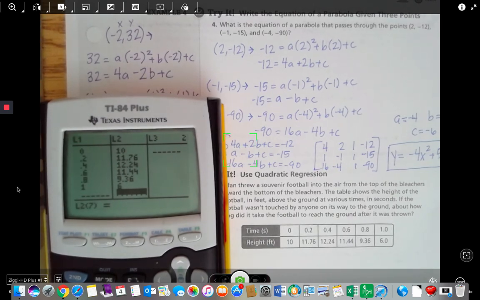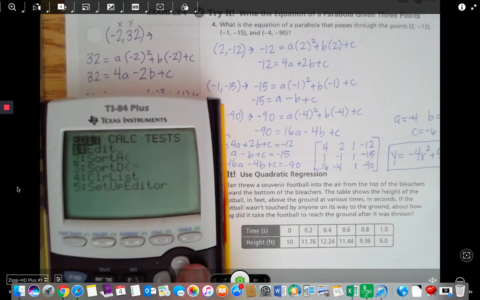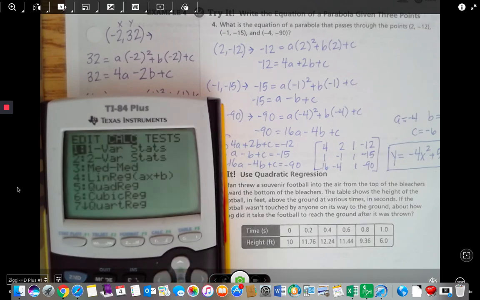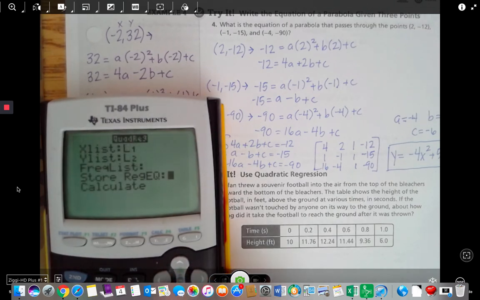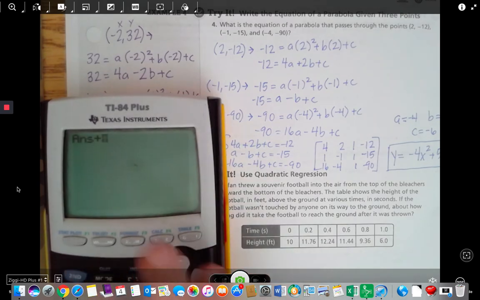So remember, when you calculate, you need to go to stat, calc, quadratic. Oh, I did the wrong thing.